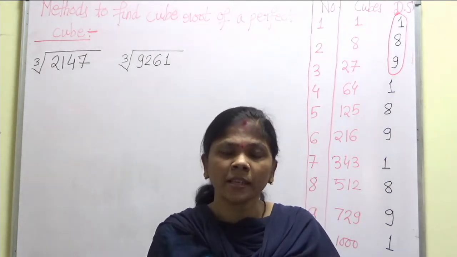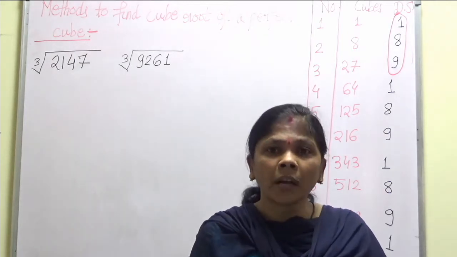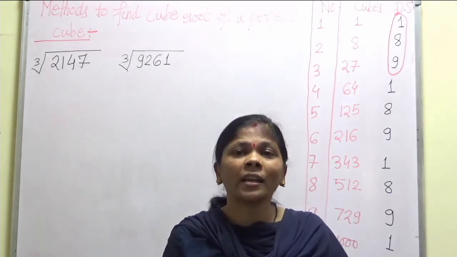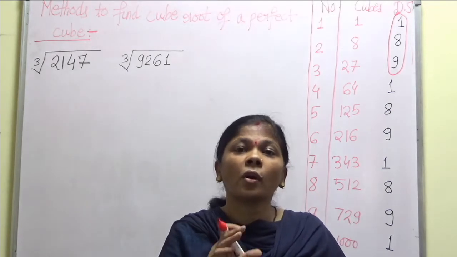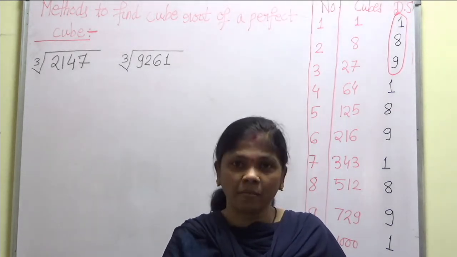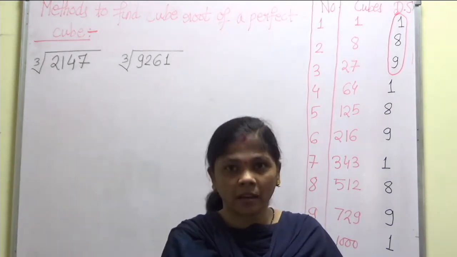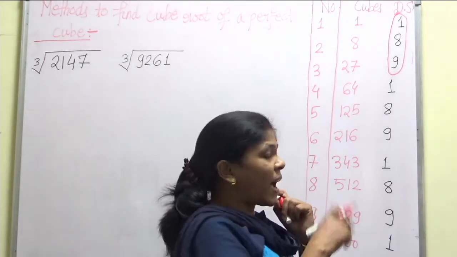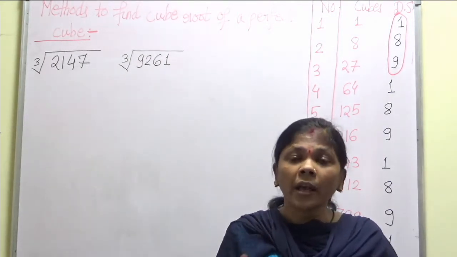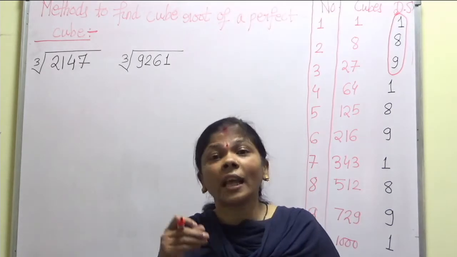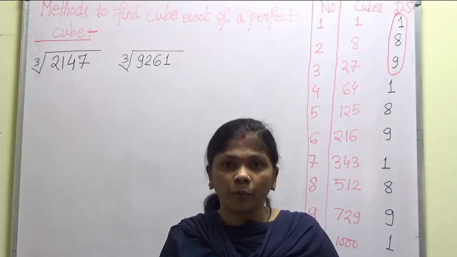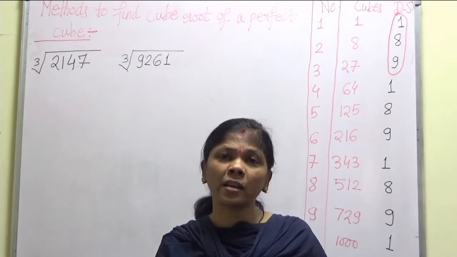If any number does not have a digital root of 1, 8 or 9, it is definitely a non-perfect cube. That is guaranteed, so elimination becomes easier. But if it has a digital root of 1, 8 or 9, then it can be a perfect cube, but a 100% guarantee is not there.